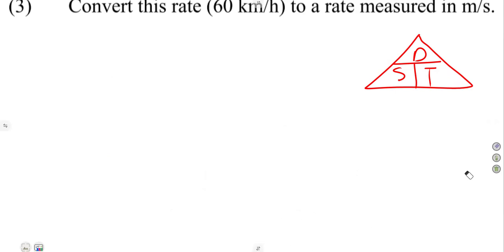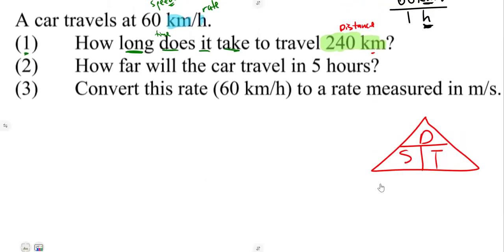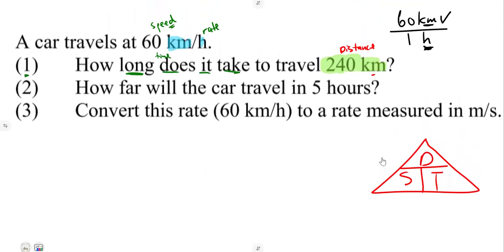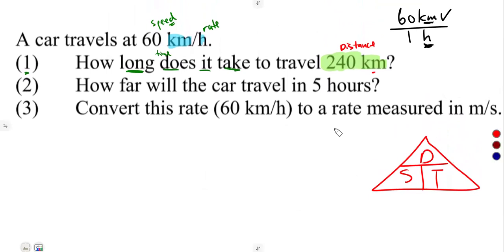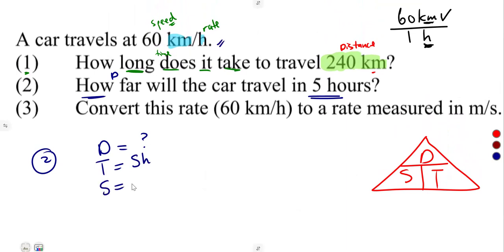Number 2. How far will the car travel in 5 hours? How far? The distance now. So you are to determine the distance in 5 hours, given the time 5 hours. Remember, previously the speed is given as 60 kilometers per hour.